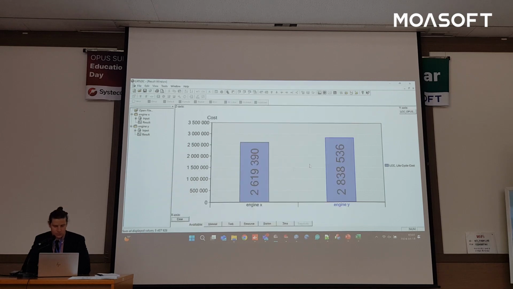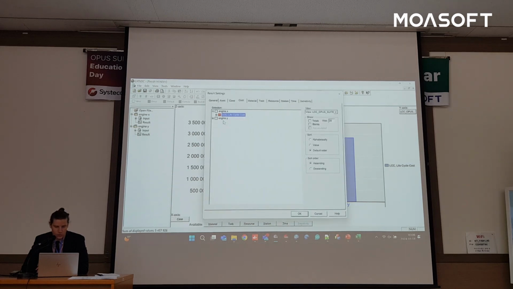You see those two figures should correspond to what we had in the graph in OPUS 10 as well. So you see again, the engine X alternative is cheaper from a total perspective, and then of course we can drill down here to see how the cost spread looks.